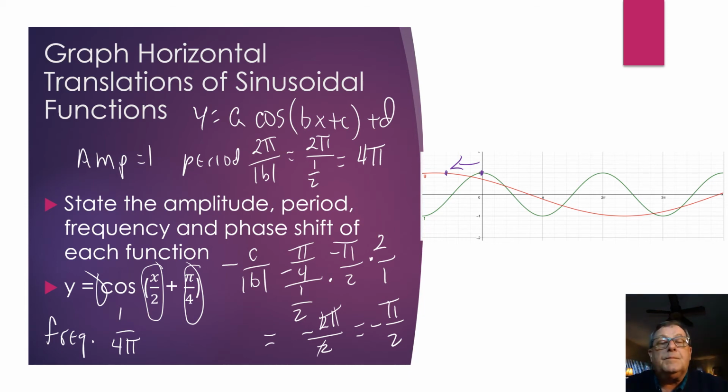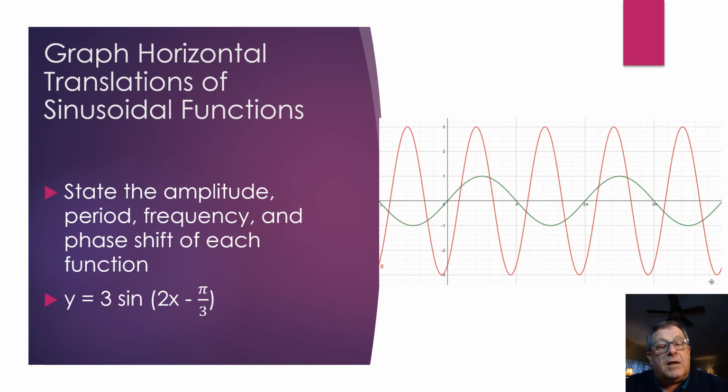Let's look at one more. All right, well, this time we've got a sine function, but we've got 3 times the sine of 2x minus pi over 3. Well, my amplitude is based upon this coefficient, 3, so my amplitude is going to be 3. That's pretty easy to see. If you look right here, we go from the x-axis, we go up 3, and we go down 3, 3 from the midline, up or down.